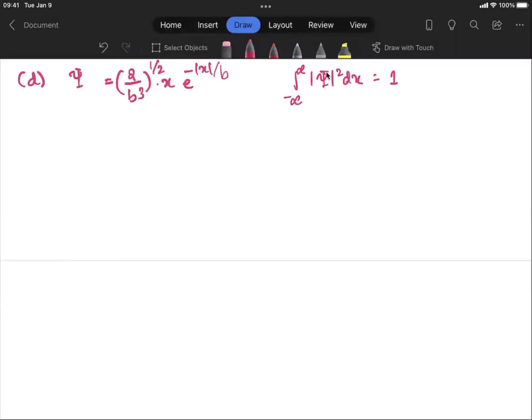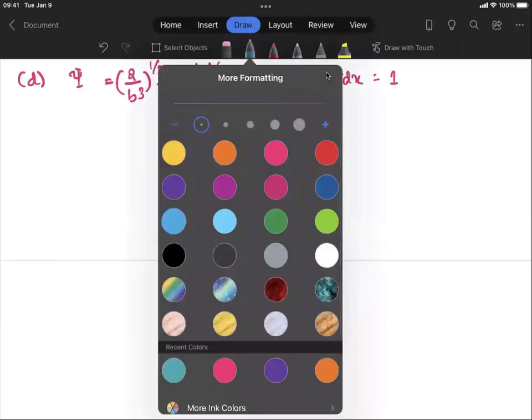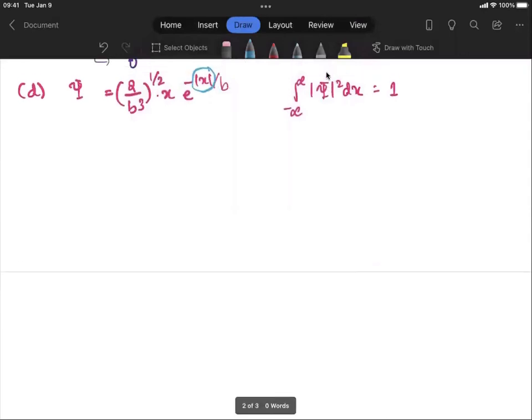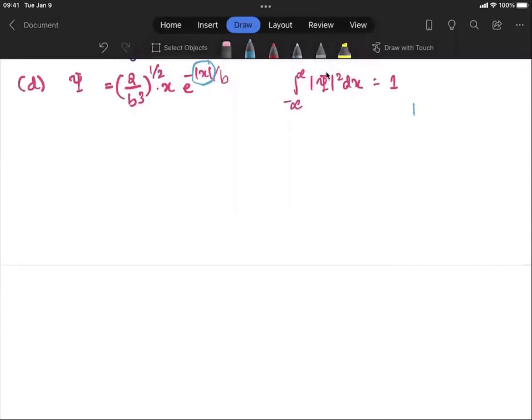And all we have to do is compute psi squared and then perform this integral and show that it's actually equal to 1. Now, a tricky thing here is that we have this term, modulus of x. The definition of modulus of x states that modulus of x is equal to x when x is greater than 0, equal to negative x when x is less than 0, and equal to 0 when x is equal to 0.